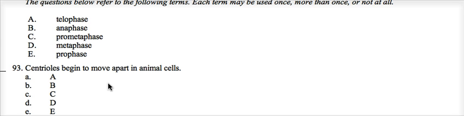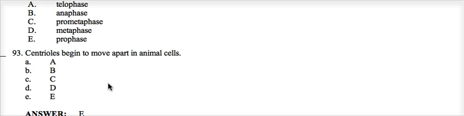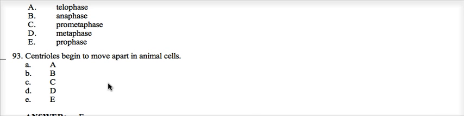Right, so if you're just holding on to what the chromosomes are doing in each phase, that's definitely not enough. You have to know what all the significant parts of the cell are doing in each phase. So the answer to this is E, prophase, that's when the centrioles begin to move apart.